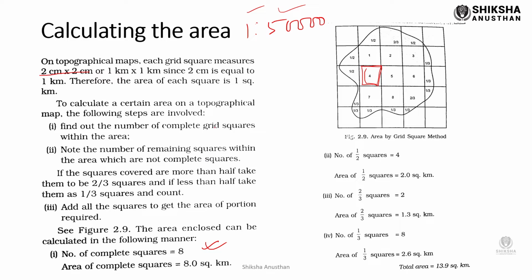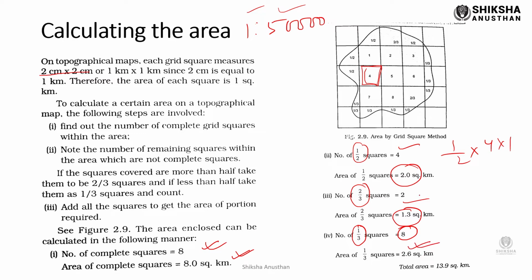Each complete square has an area of 1 square kilometer, so the area of complete squares is 8 square kilometers. Then the number of half squares is 4, so the area of half squares is 1 into 1 by 2 into 4, which comes to 2. The number of 2 by 3 squares is 2, so their area comes as 1 by 3, and the number of 1 by 3 squares is 8, so their area comes as 2.6. If we add all these areas, we get a total area of 13.9 square kilometers.